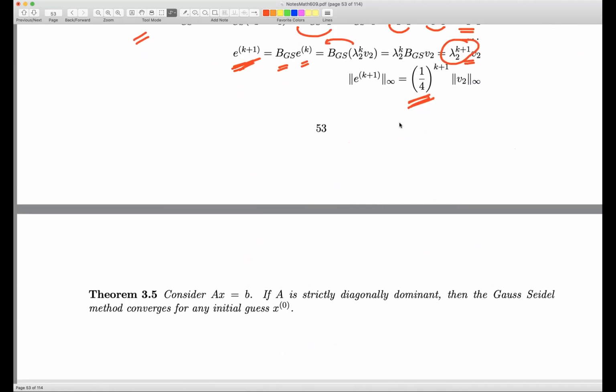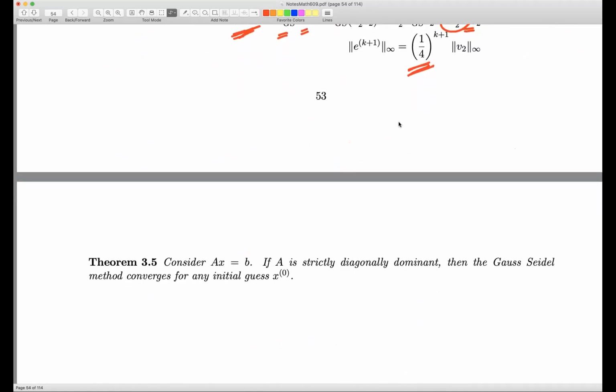Now, next, if you remember when we talked about the Jacobi method, we discussed and proved the theorem that if you have the system Ax = b, and if your matrix is strictly diagonally dominant, then the Jacobi method converges for any initial guess x0.